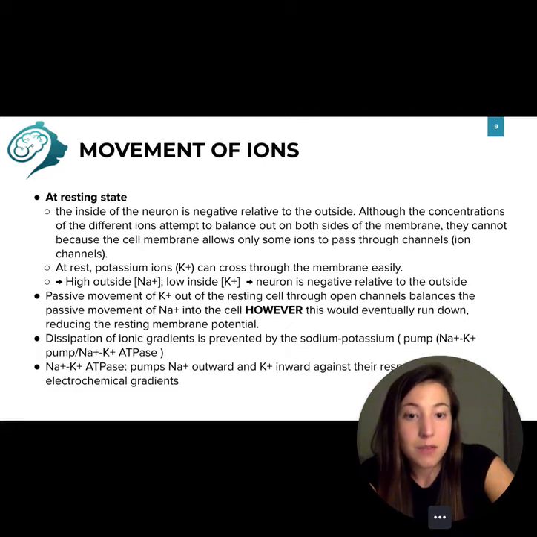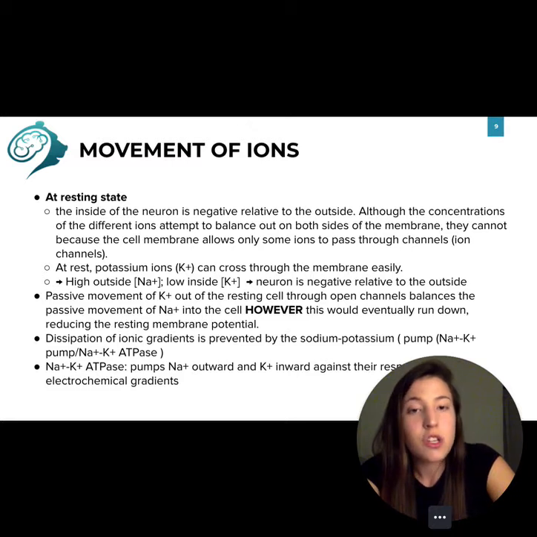So at rest, potassium ions, which are found on the inside of the membrane, can actually cross the membrane easily. So they're going to be moving out of the axolemma pretty easily. And so we already have a high concentration of sodium outside the axolemma. So when there's a low concentration of potassium inside of the neuron, this creates a negative environment relative to the outside.